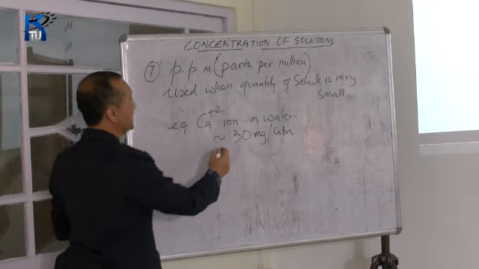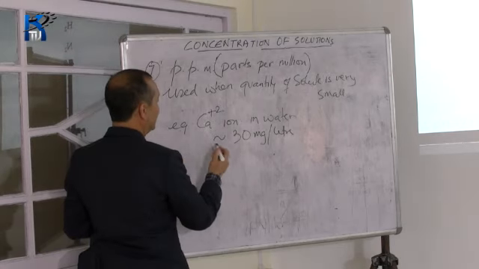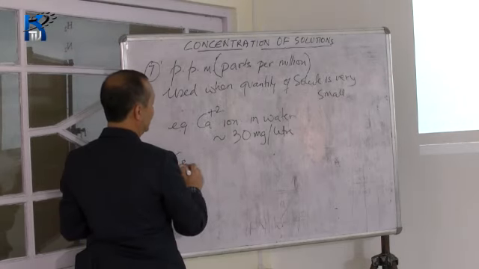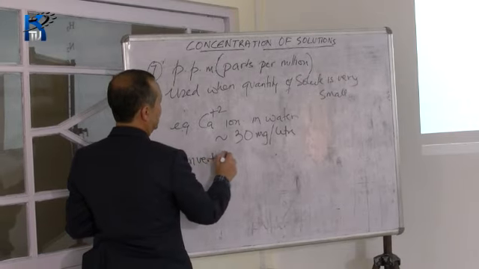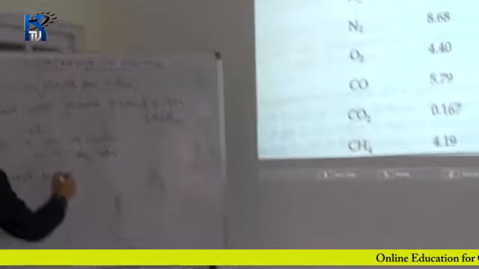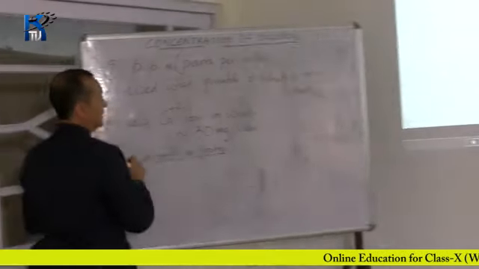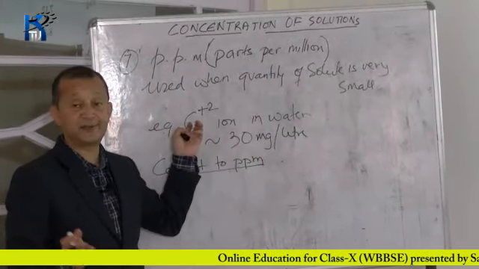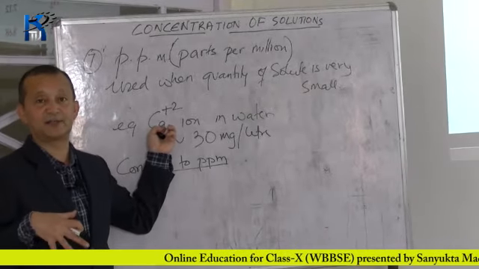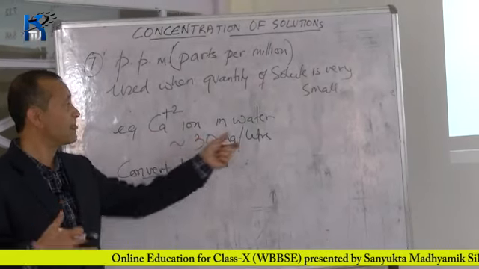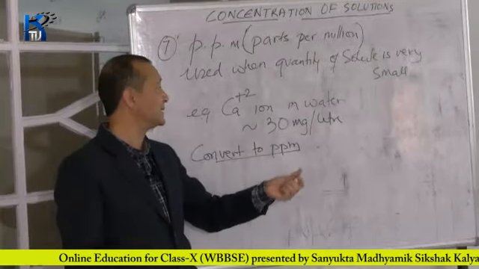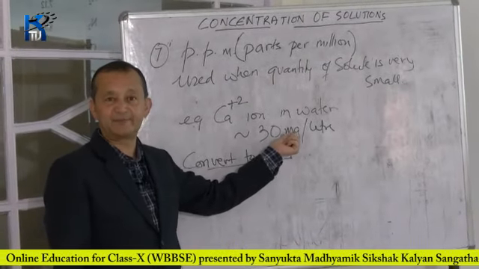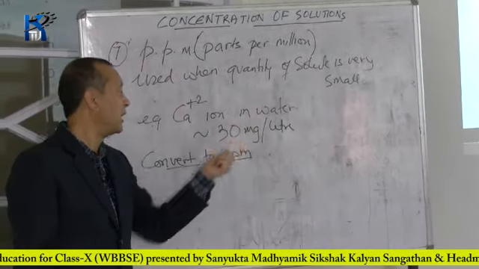If you want to convert this to ppm, how will you write it down? This is the concentration of calcium ion in our drinking water, that means 1 liter of drinking water contains 30 milligram of calcium. So how will you convert to ppm?